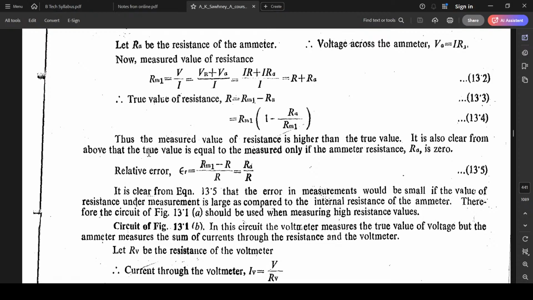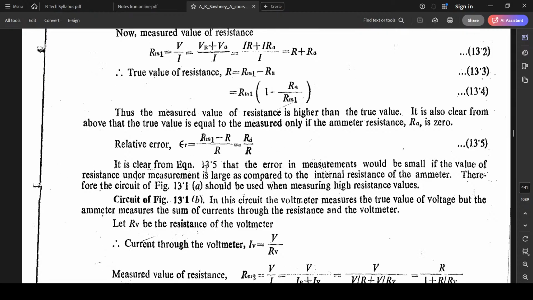So RA upon R, the ammeter's resistance upon the resistor, or you can say load resistance. It is clear that the error would be small. It will be small if the internal ammeter resistance is very small. Yes.